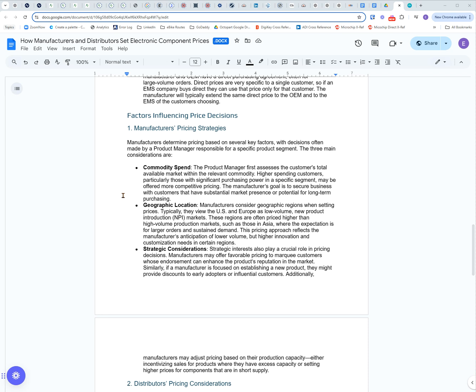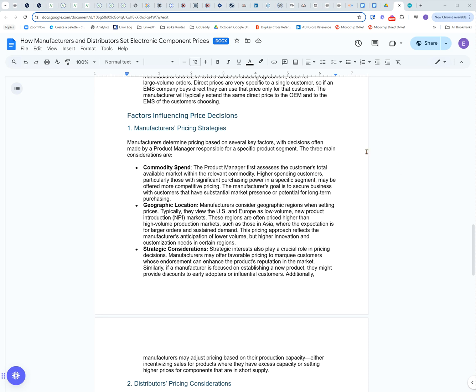And then the final thing is strategic considerations, and I touched on this earlier. A strategic interest plays a role when the manufacturers want to be seen in your product. Getting your product designed into an iPhone, as an example, is quite an endorsement of the value of that product.